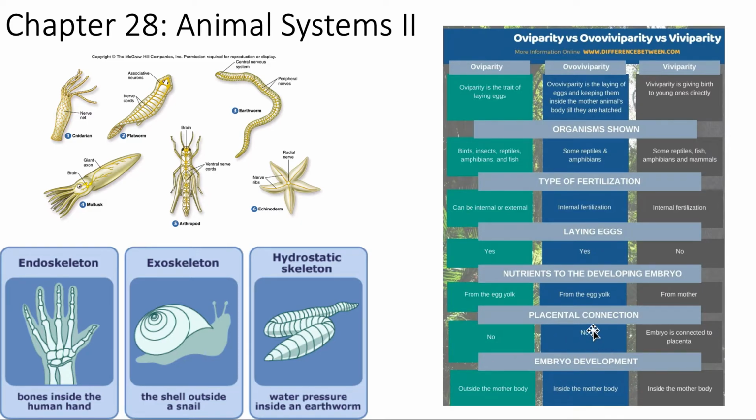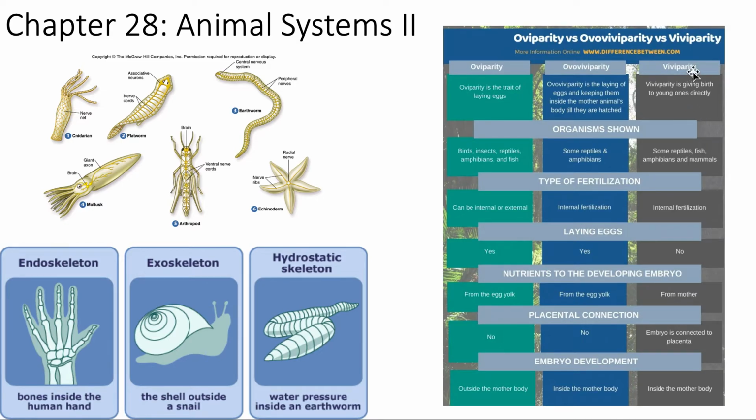No placental connection, because the mother does not provide nutrients for the development of the young. They get it from an egg yolk. Therefore, those eggs are pretty much inside of the organism until it hatches or gives birth to it.